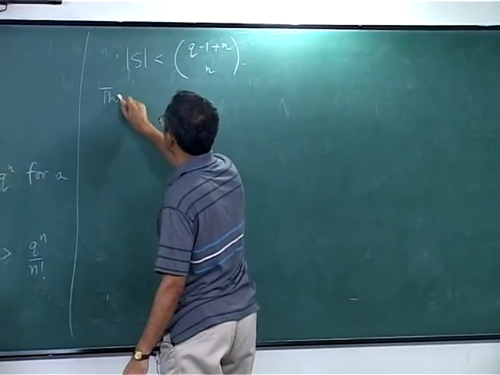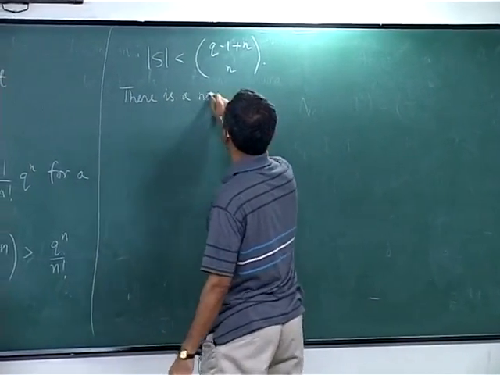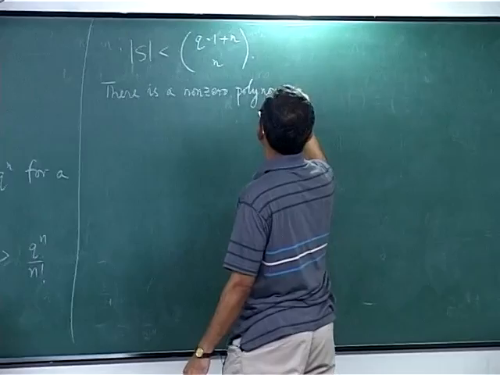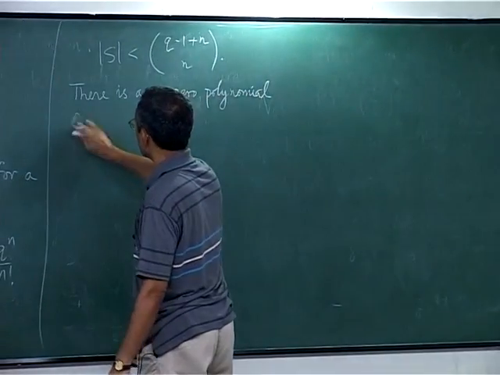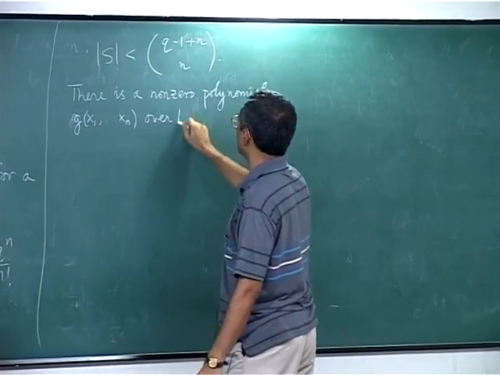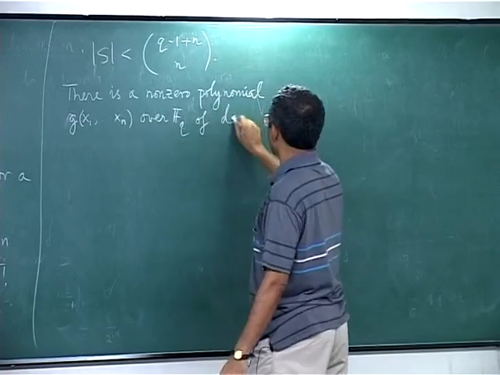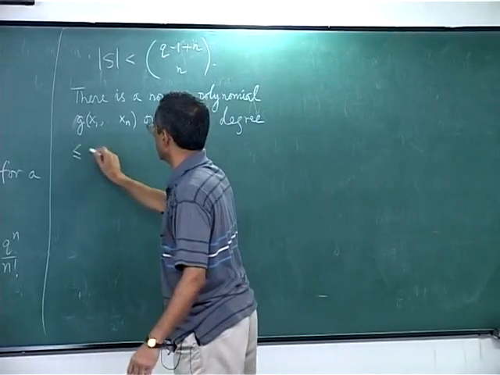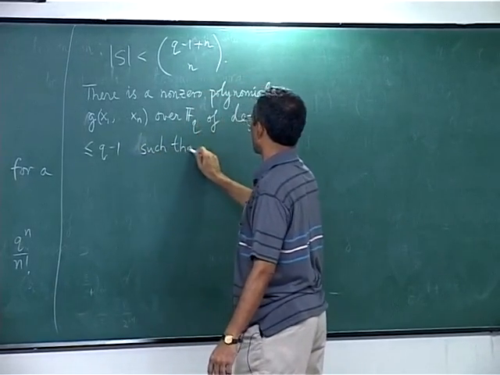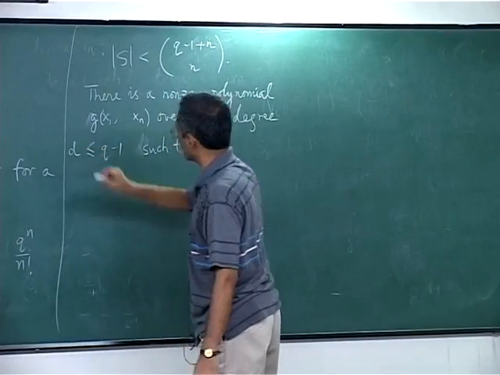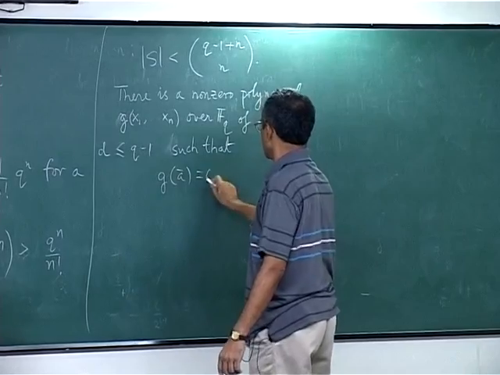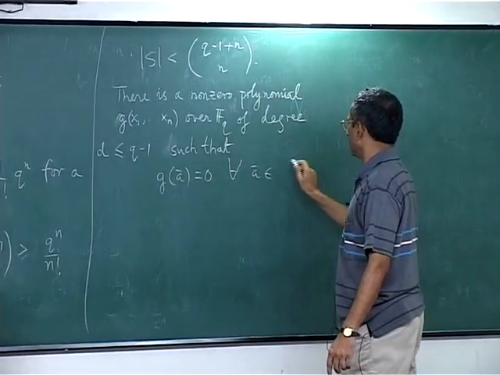So there is a non-zero polynomial, let's call it g of x1 to xn over Fq, of degree, let's say d, which is at most q minus 1, such that g of a bar is 0 for all points a bar in S.